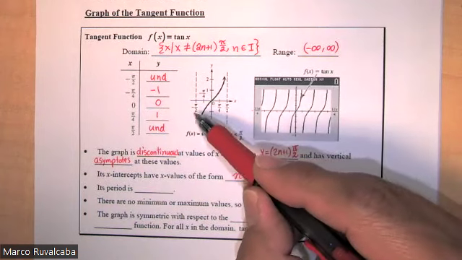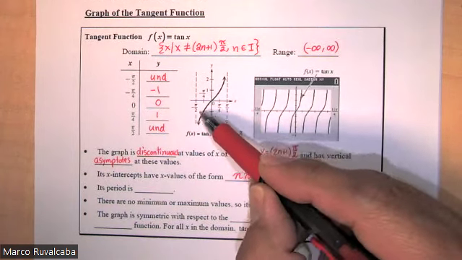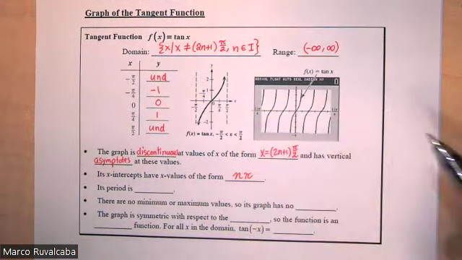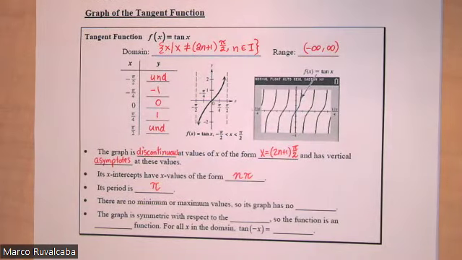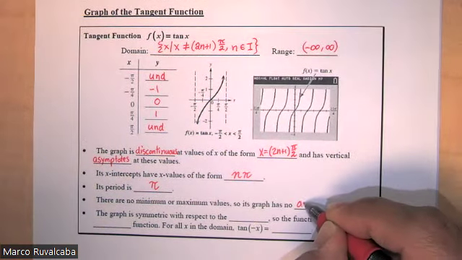If you look at this graph between negative pi halves and pi halves, that means the period has a value of pi. There are no minimum or maximum values, so its graph has no amplitude.